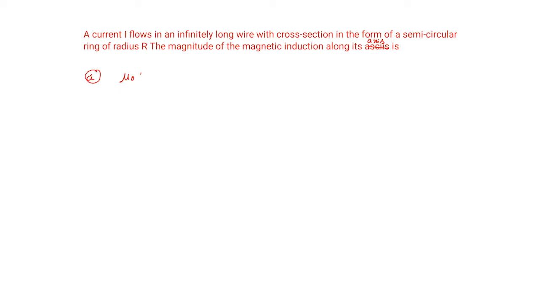A, mu naught I divided by 2 pi square R. B, mu naught I by 2 pi R. C, mu naught I by 4 pi R. And D, mu naught I divided by pi square R. Yes.